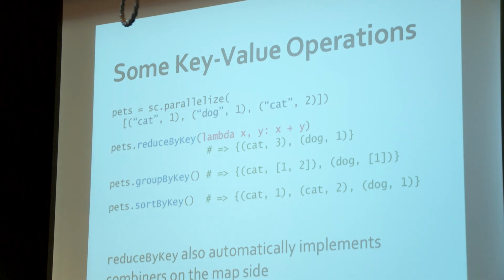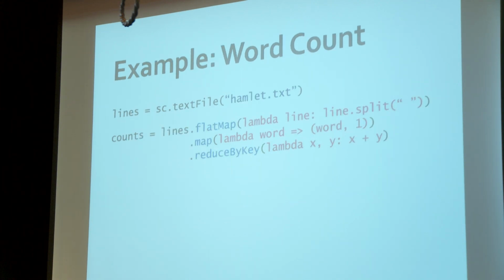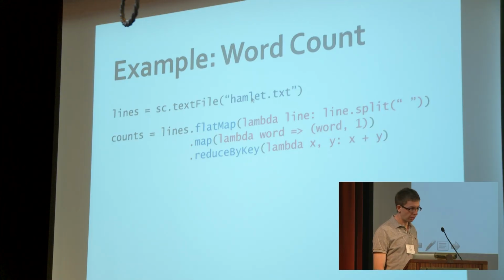Using this key value pair stuff, now you can do the hello world of MapReduce in Spark as well, and that is word count. The way it works is you have a text document, say a bunch of lines of text, and you want to know how many times each word happens in there. So you'd say, we have a text file.